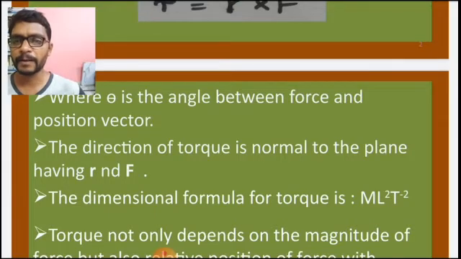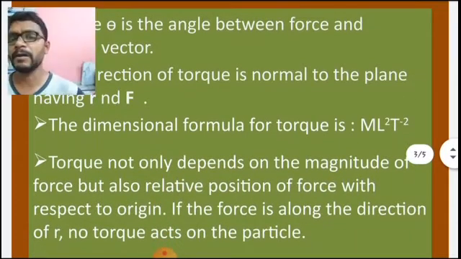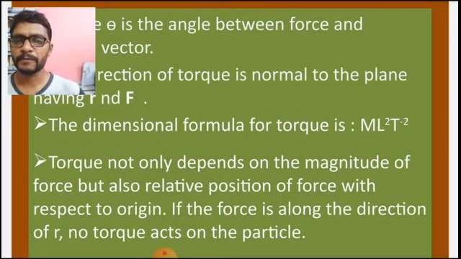The dimensional formula for torque is M L squared T to the power minus 2. It is well known that this dimensional formula is the same for work and energy also, right? But torque depends not only upon the magnitude of force but also on the relative position of the force with respect to the origin. If the force is along the direction of r, no torque acts on the particle.